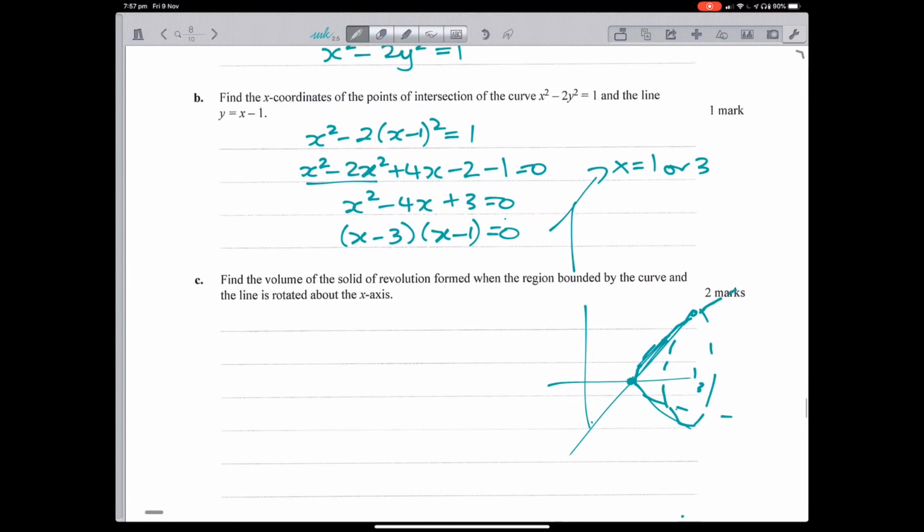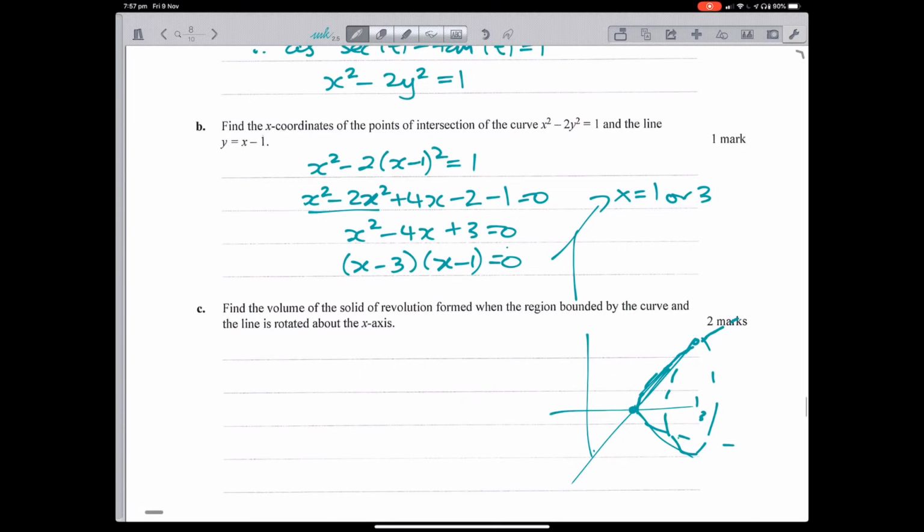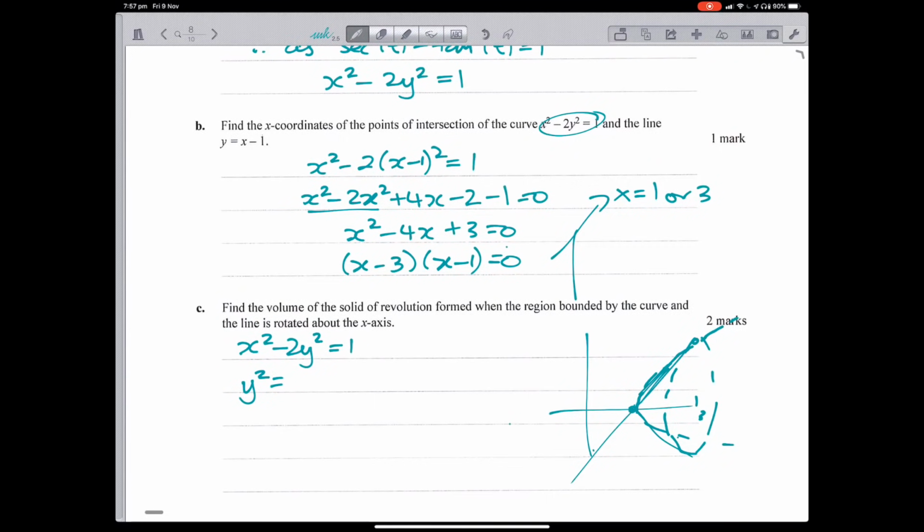So the higher graph is going to be this one. So we can say x squared minus 2y squared equals 1. So y squared is going to be x squared minus 1 on 2. The other one, so that's y squared of top, and then y squared of bottom is x minus 1 squared. We want it between 1 and 3.